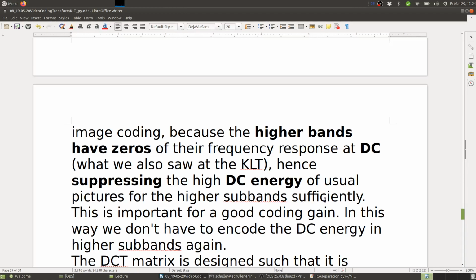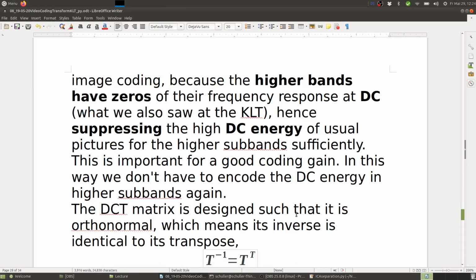So we don't want to have any high energy from the lowest subband to spread into the weaker higher subbands, because that would then dominate the energy there, and again we would lose coding efficiency. Yeah, so this is important for good coding gain. In this way we don't have to encode the DC energy in higher subbands again.